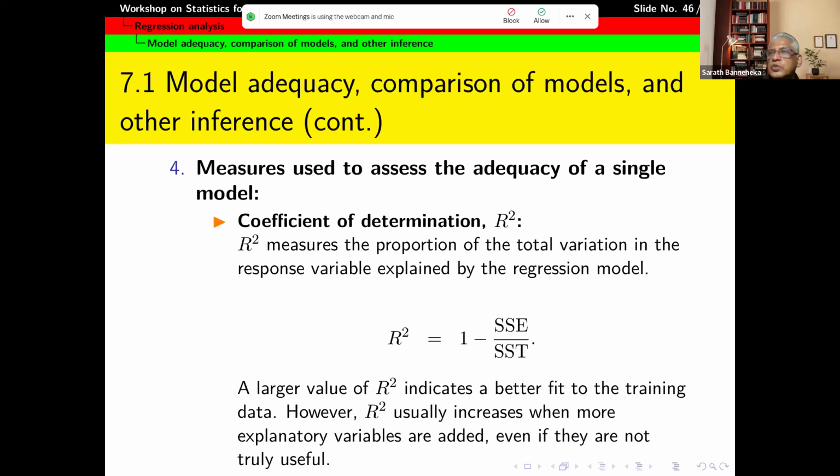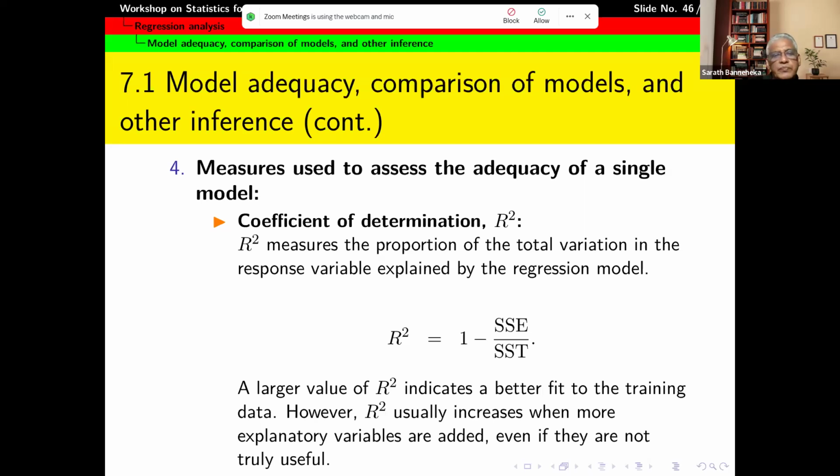In order to check how good that model is, that is, goodness of fit, there are several measures available. One of the commonly used measures is called the coefficient of determination. It is denoted by R square.